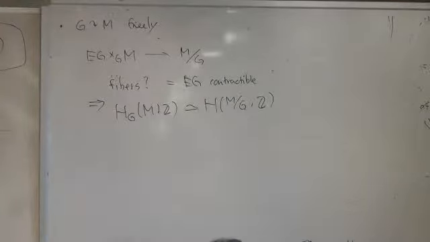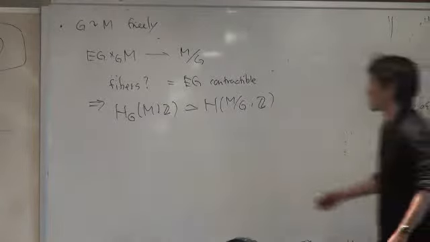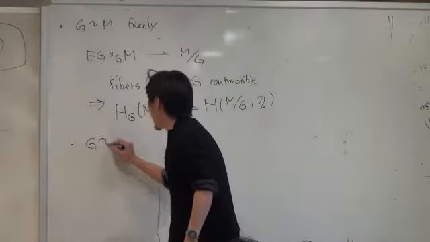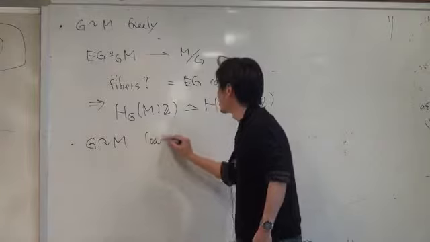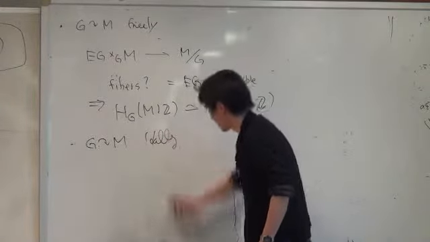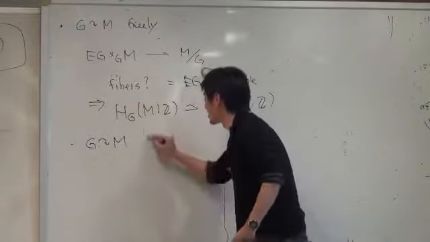That's reasonable, right? Equivariant cohomology is the same as calculating the cohomology of the underlying quotient space, of course when G acts on M freely, because that's what we wanted to generalize. So what happens when G acts on M locally freely?